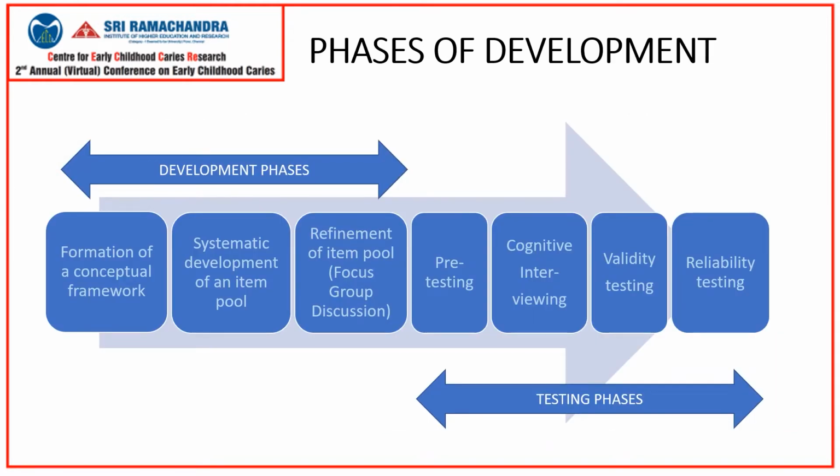The phases of development was followed as reported by Vaughan et al., which included formation of a conceptual framework, systematic development of an item pool, refinement of the item pool by focus group discussion, pre-testing, cognitive interviewing, and validity testing and reliability testing.